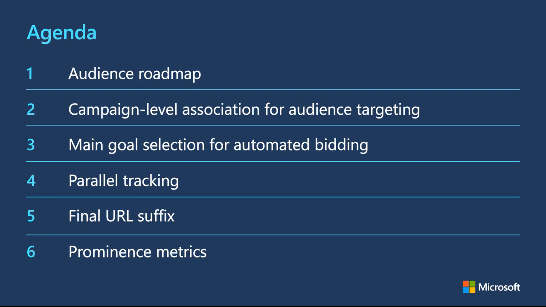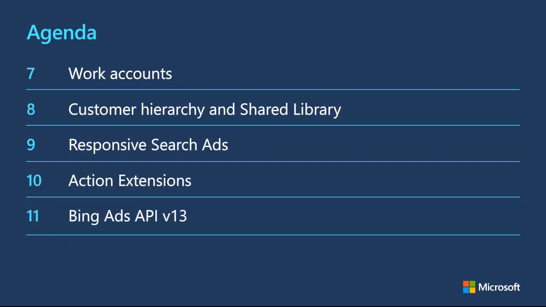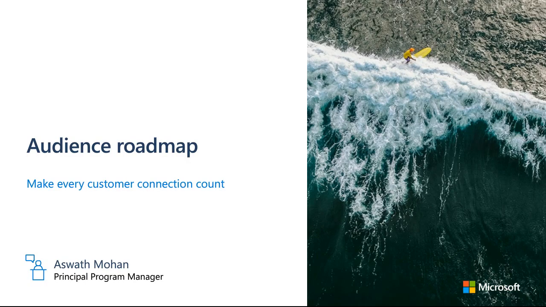For accounts and billing, we'll discuss work accounts, customer hierarchy, and shared library. We'll also have an update on responsive search ads, action extensions, and we'll close with a reminder on the Bing Ads API version 13.